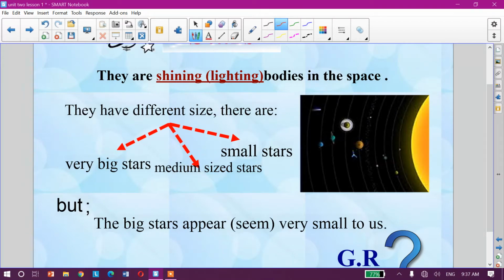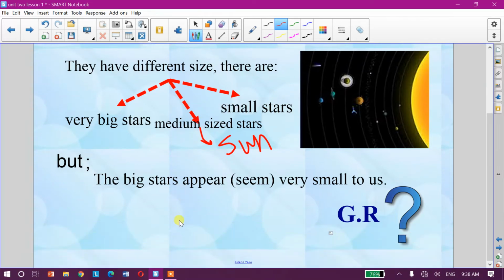Medium stars like the sun. Excellent. And there are others, small stars which are very small in size. But the biggest star which appears to be very small to us is what? It is the sun. So the sun is the nearest star to us.